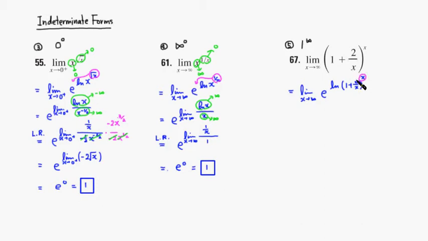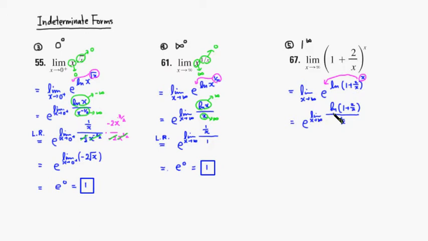We can place the power in front and squeeze the limit, so e to the limit as x approaches infinity. Multiplying by x is equivalent to dividing by 1 over x, so you have the natural log of 1 plus 2 over x.